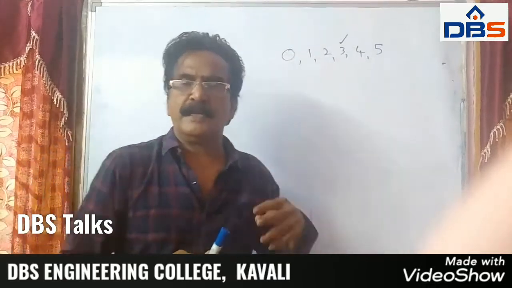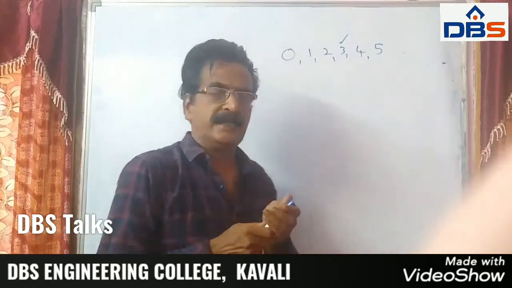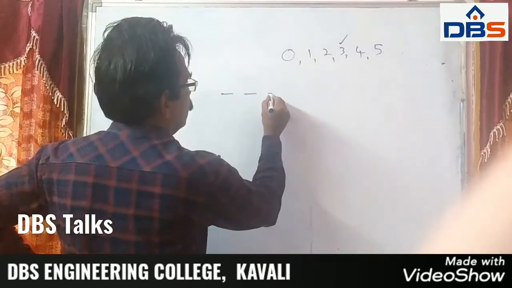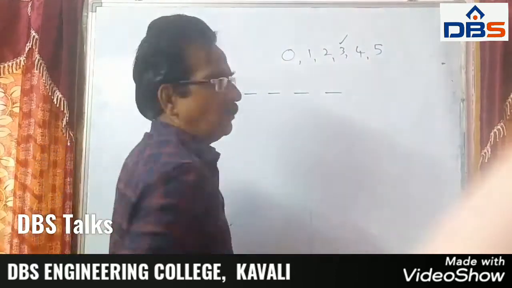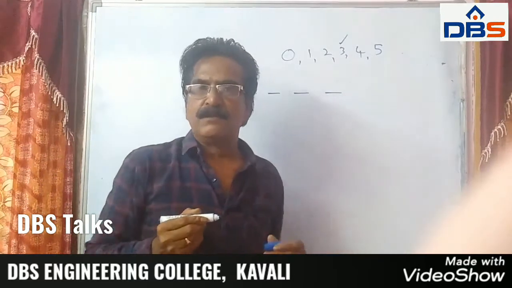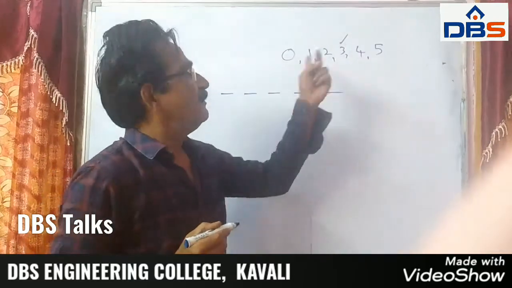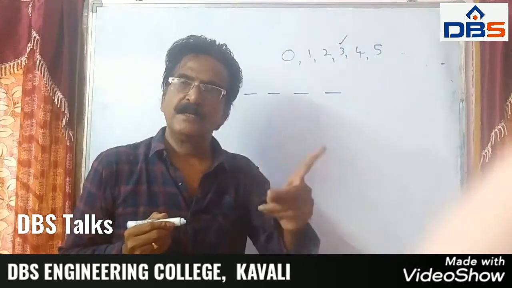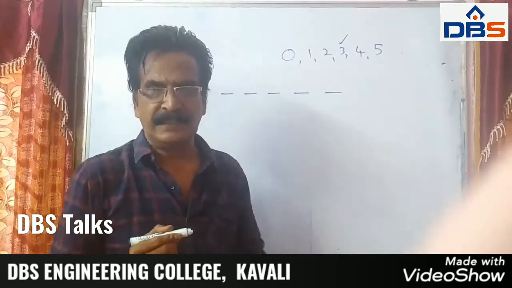See, friends, these are the given digits. We have to fill 5 blanks with the given 6 digits. Must be divisible by 6, that is 2 and 3.